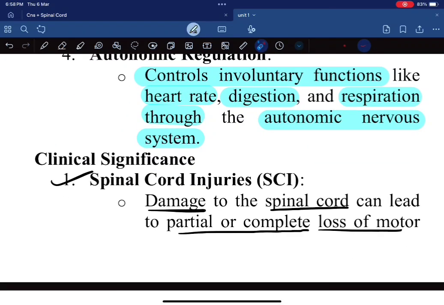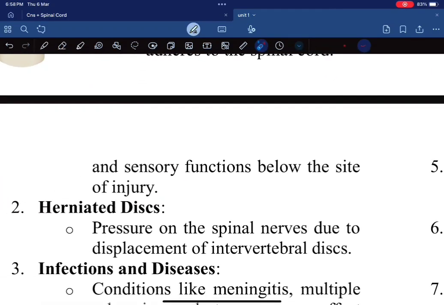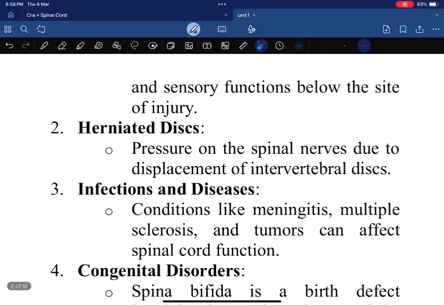Clinical significance. First, spinal cord injuries. Damage to the spinal cord can lead to partial or complete loss of motor and sensory function below the site of injury. Second, herniated disc: pressure on the spinal nerve due to displacement of an intervertebral disc.